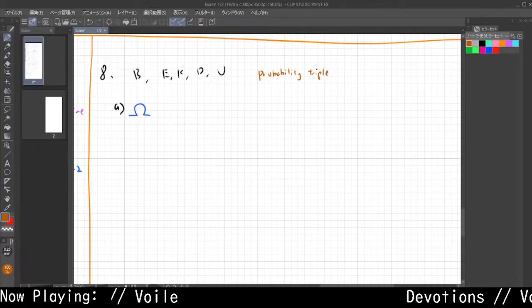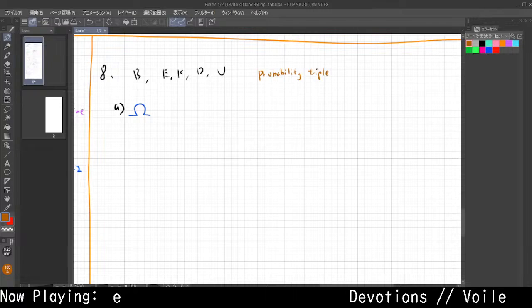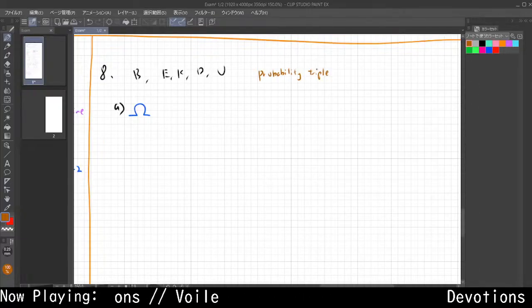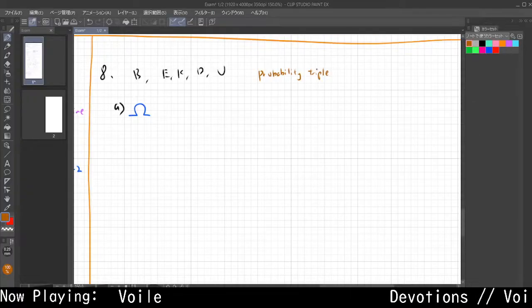So this is something that describes the connections between the sample space, the probability that is basically a function, and also the different outcomes that are possible. But enough of that.